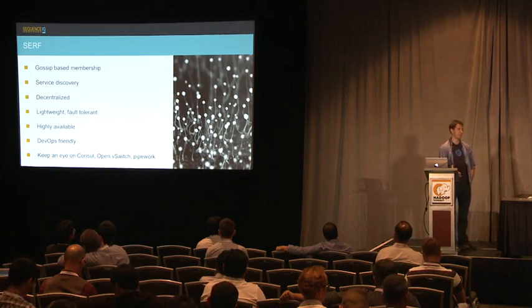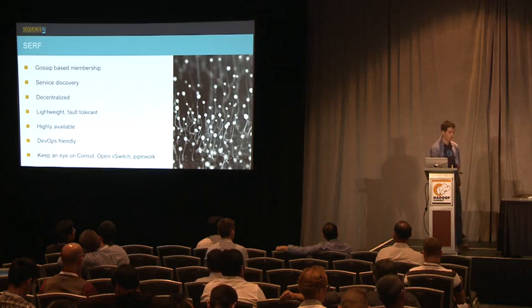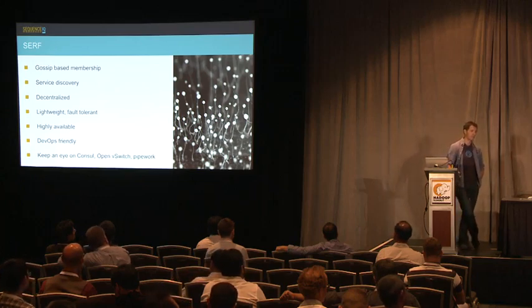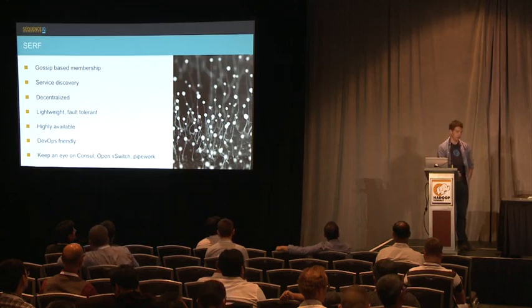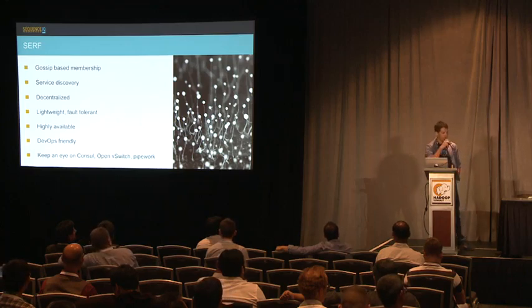It doesn't need a server, so you don't need a quorum of servers to be operational. It's gossip based, not heartbeat based, which means it fits pretty well in WAN and LAN. You can do it in quite large networks. It works quite well, and you don't have the heartbeat overhead.